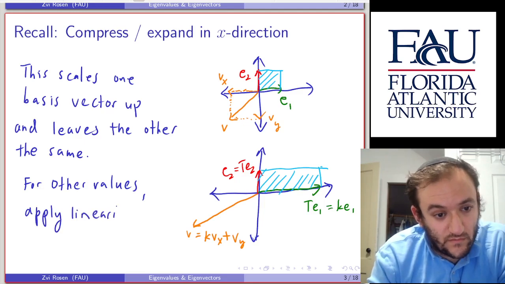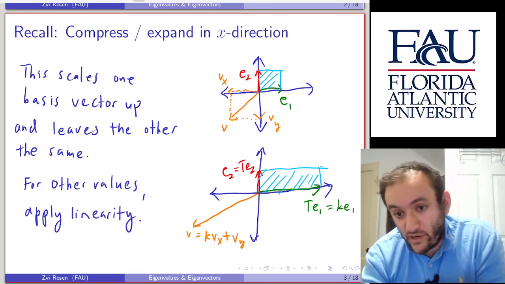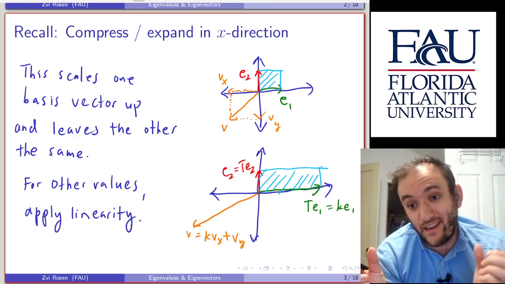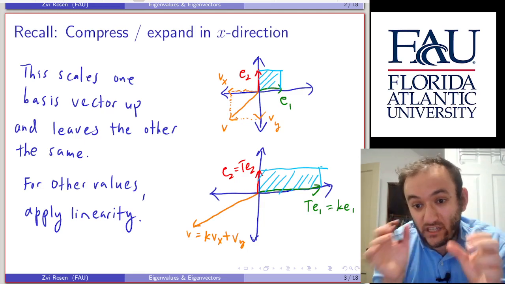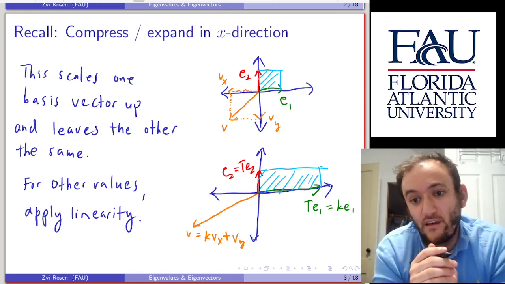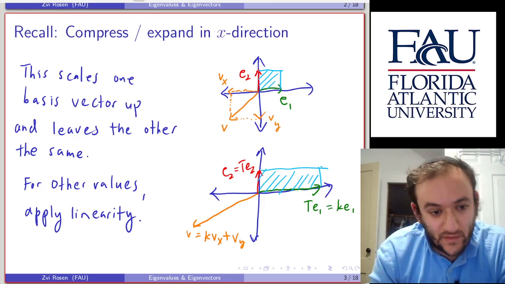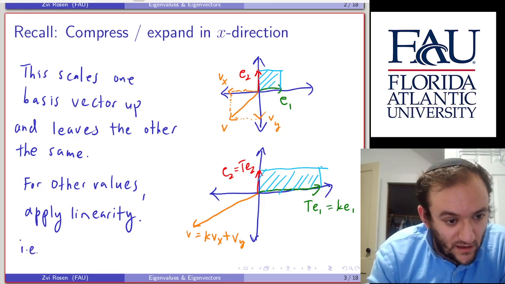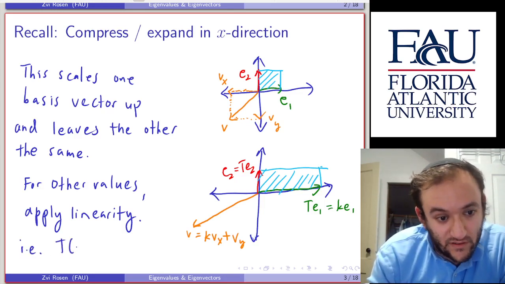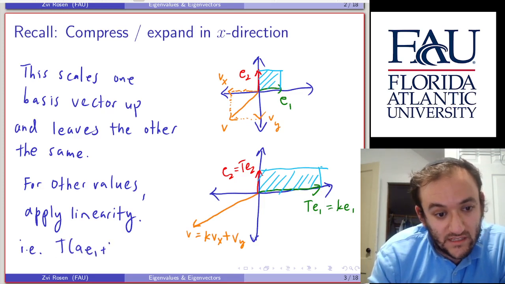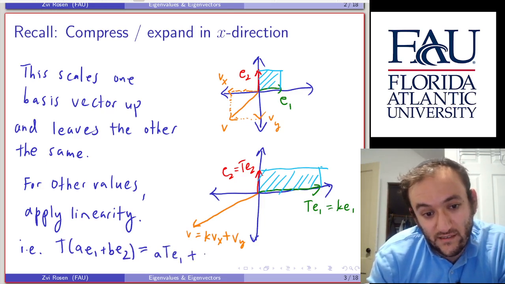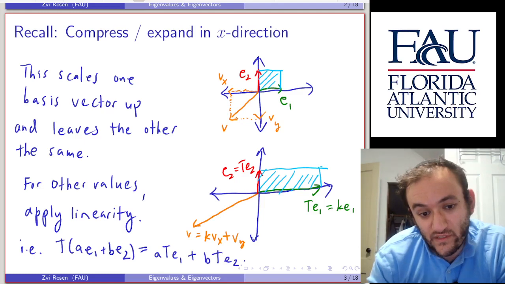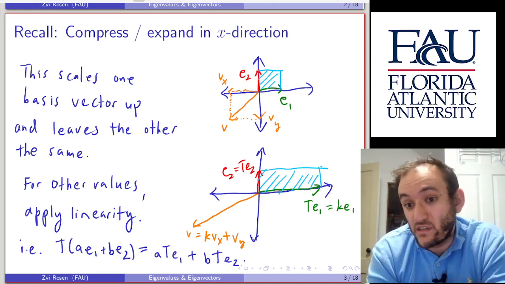Okay? Basically, you can break it down into the two basis vectors, and then remember how your transformation T acts on each of those basis vectors, and then just act on it linearly. So, i.e., T of ae1 plus be2 is equal to aT of e1 plus bT of e2. So all we really need to know is how it acts on e1 and e2.